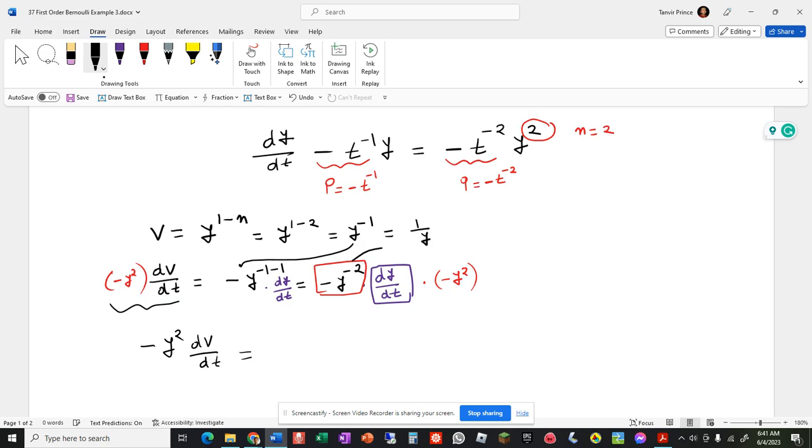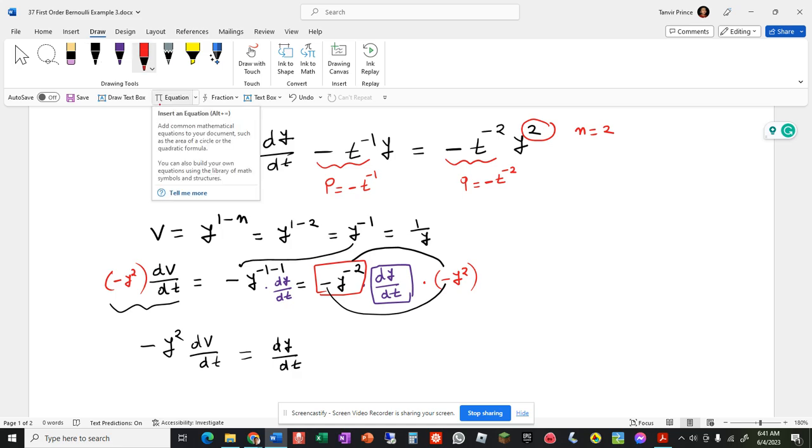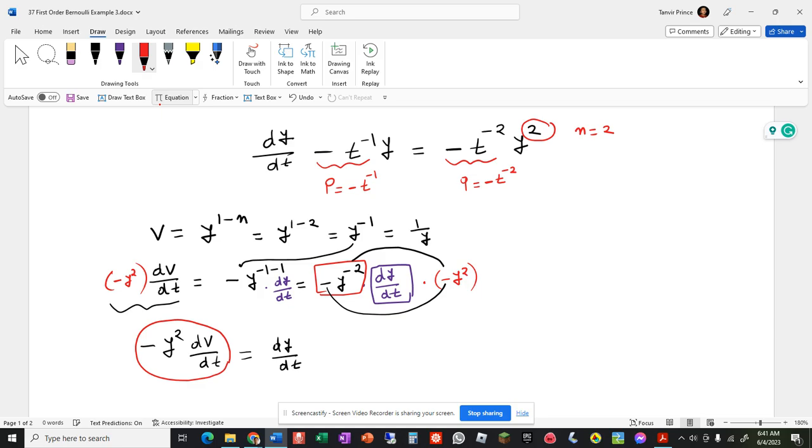And of course, when I multiply them, I get 1, because negative times negative is positive, and y to the power negative 2 and y squared is y to the power 0, which is 1. So all I have is dy/dt. So we solve for dy/dt. At this point, you substitute this expression in place of dy/dt. So that's what we're going to do now.